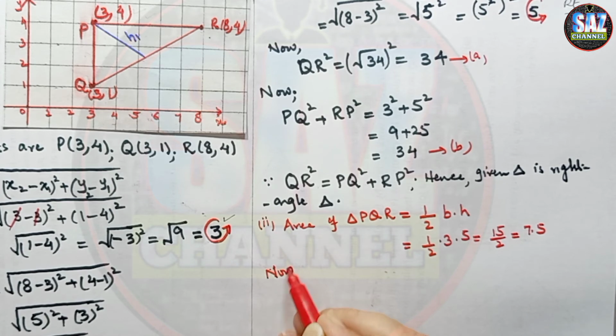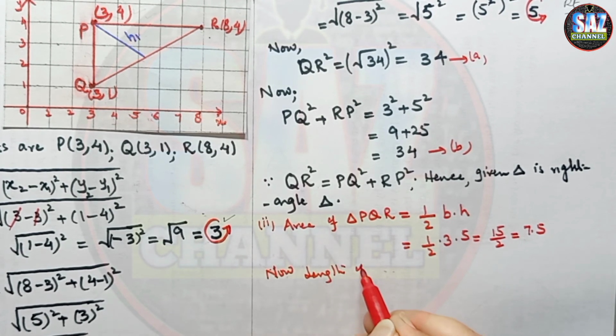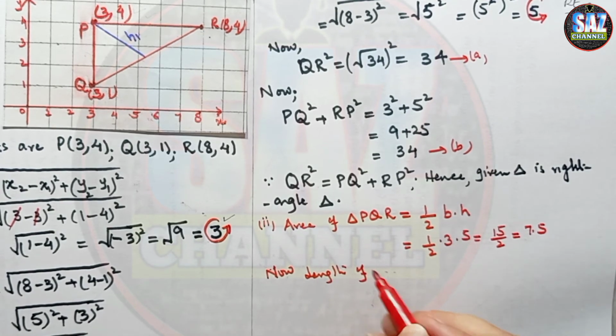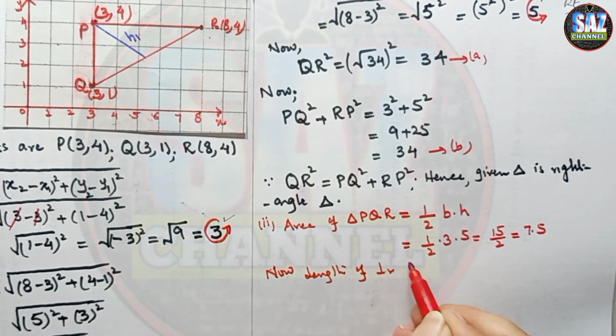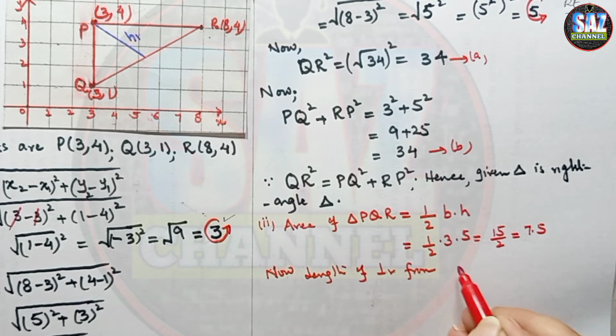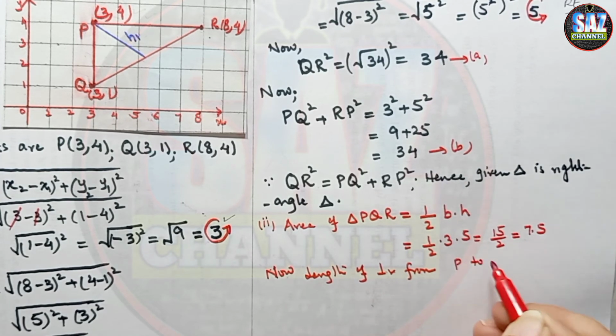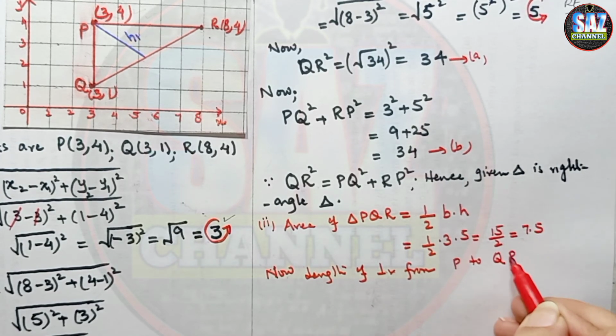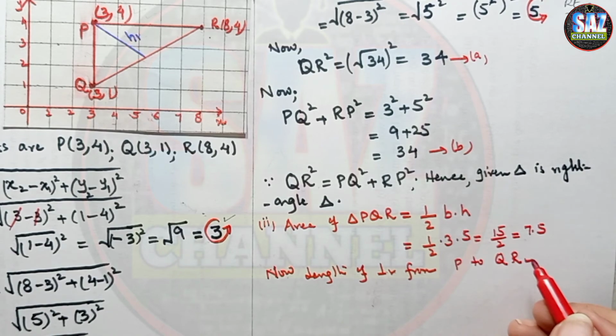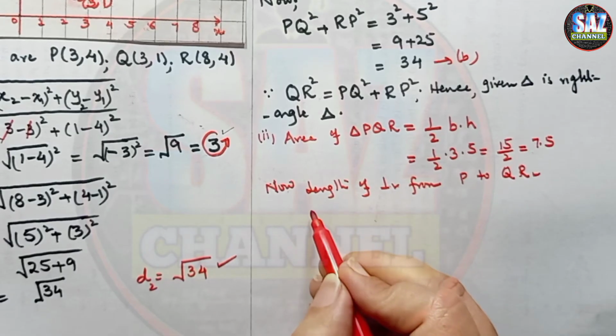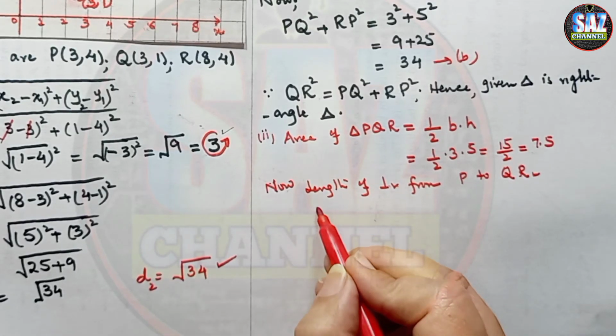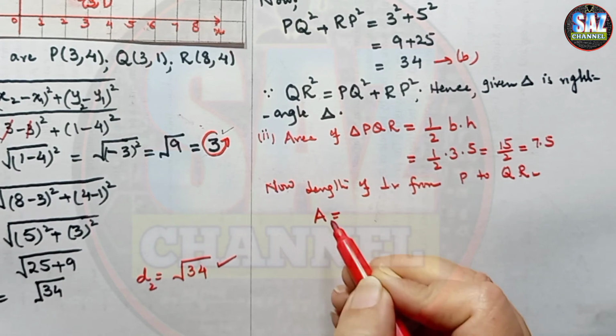Now the length of perpendicular from P to QR, the distance we have already calculated over here. Now the area will remain the same.